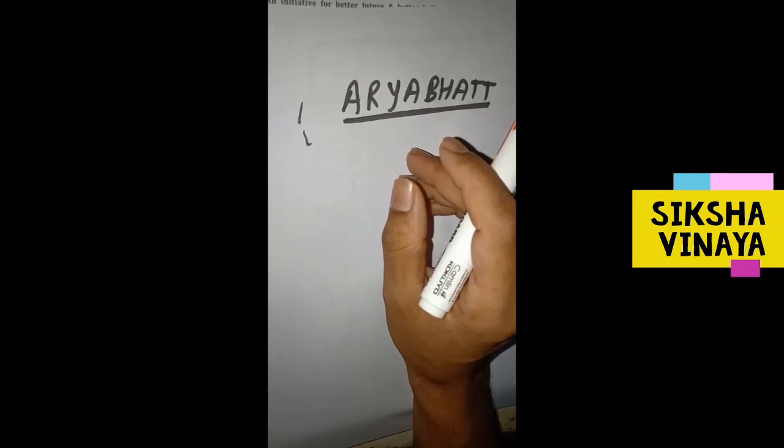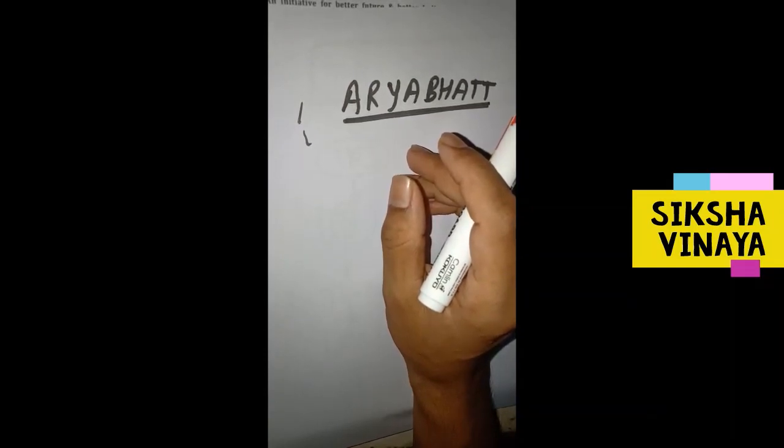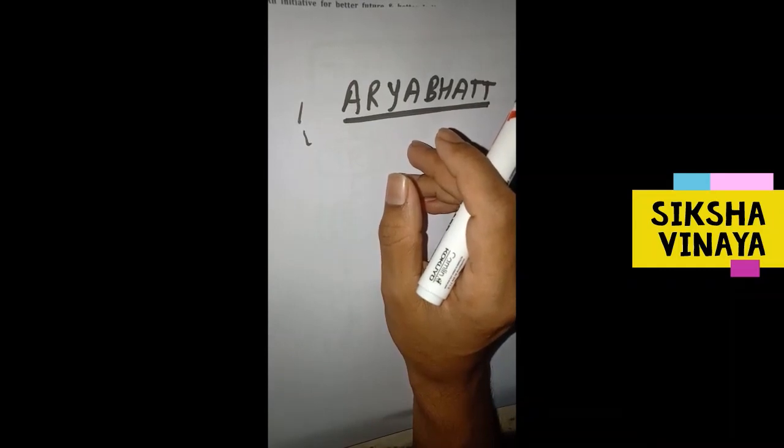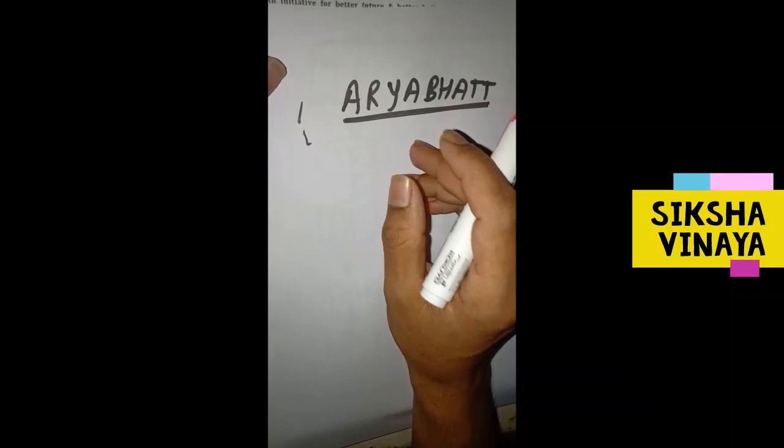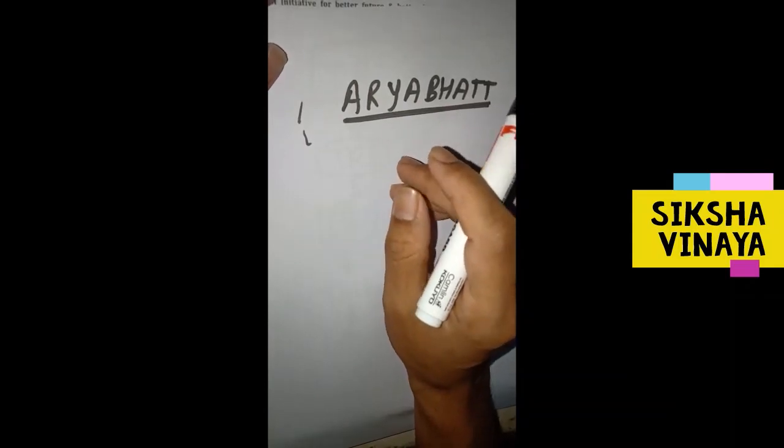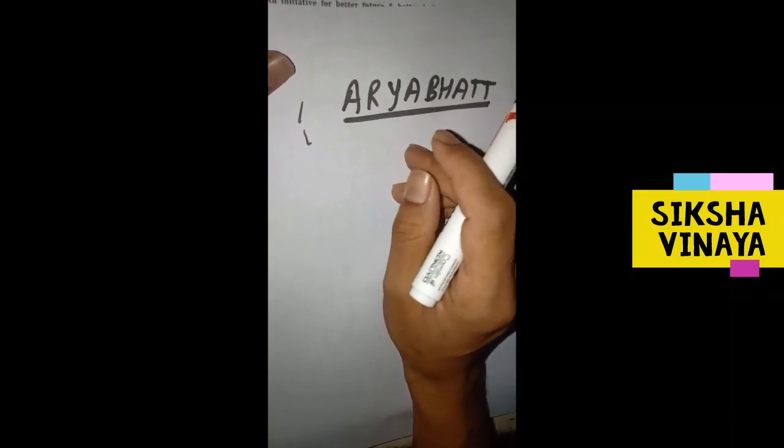He wrote this book in a very elegant way, as a conversation between his daughter and himself. The daughter asked mathematical questions to her father, and the father gave the answers. In this book, he also described many things about trigonometry and various algebra and other topics in mathematics.